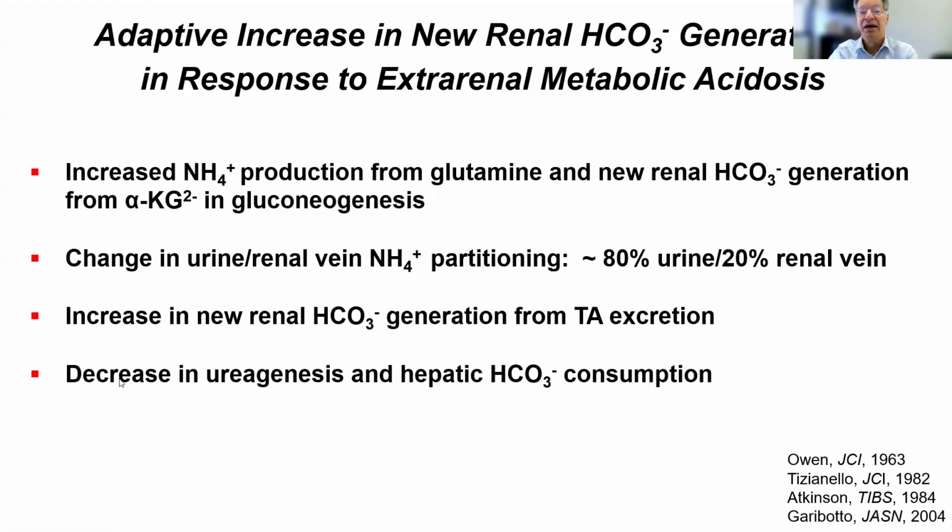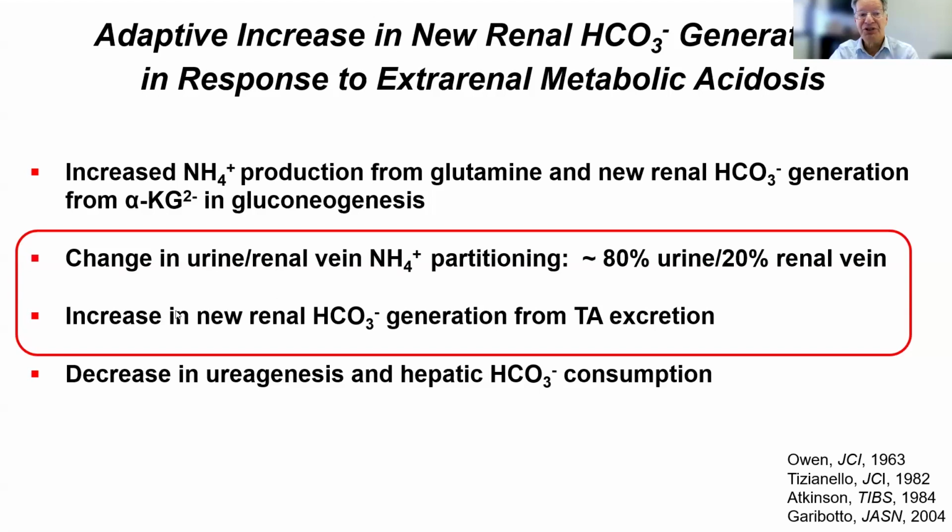And the liver compensates by decreasing urea production. In a metabolic acidosis, there's less urea made. Your BUN actually can drop because ureagenesis decreases, which is also a good compensation because that will utilize less bicarbonate in the liver in the formation of urea, and it'll free up the bicarbonate that's coming from the kidney, the new bicarbonate, to match the extra protons that are coming in from the lactic acid or keto acid, or whatever the source of the acid.